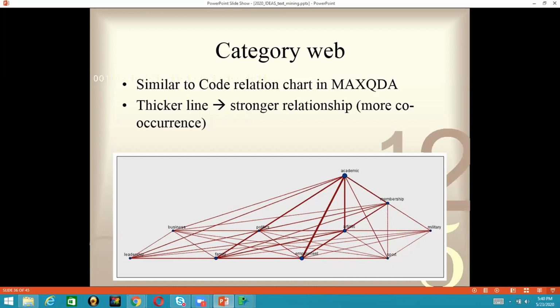But this one uses how thick the line is. So academic, also empowerment: now you see a thick line. It means when people talk about the concept of academic, they also talk about empowerment. Okay, bingo.